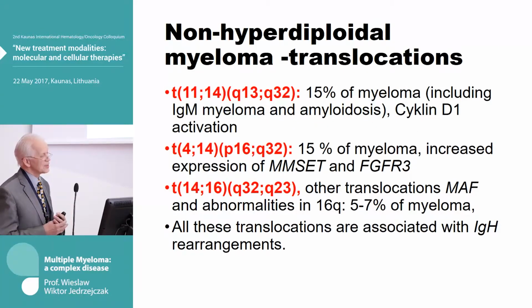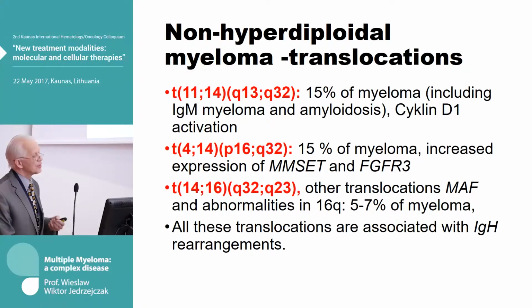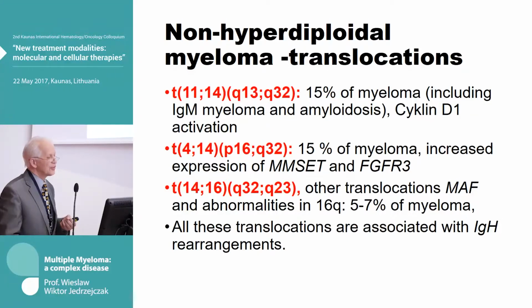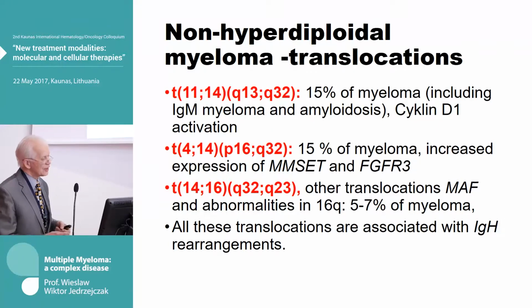These translocations are three measures that could be considered. 11-14, which concerns 15% of myeloma, and includes IgM myeloma and amyloidosis, so it's actually bad. Then 4-14 translocation and 14-16 translocation. All these translocations are associated with IgH rearrangements, so these are genes for immunoglobulins.